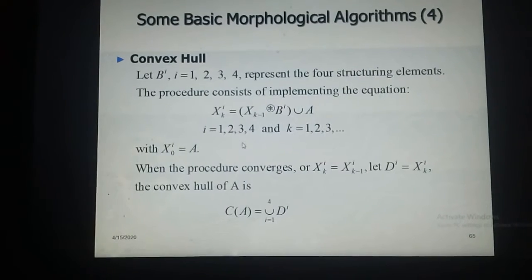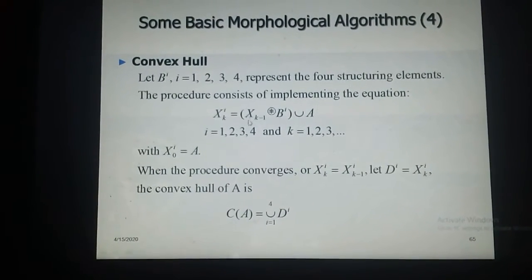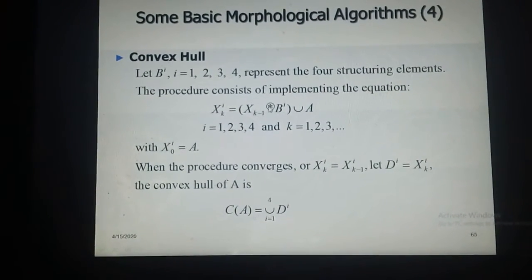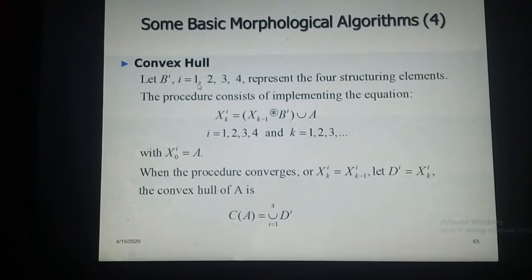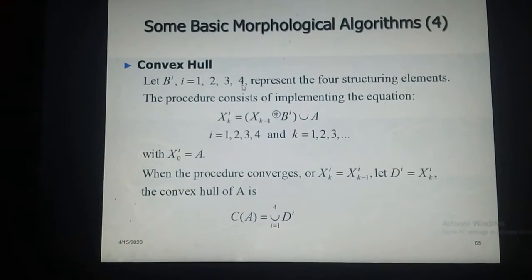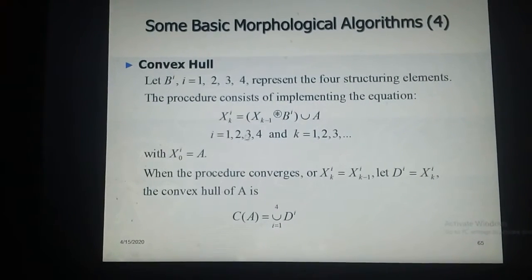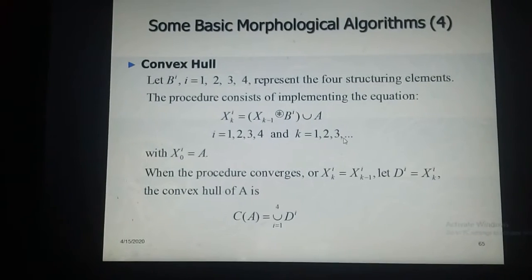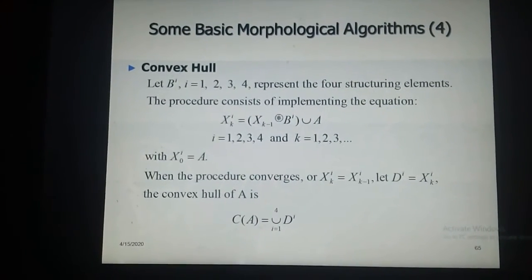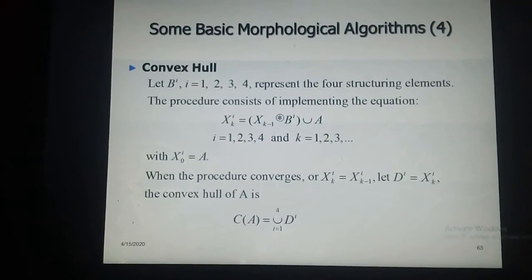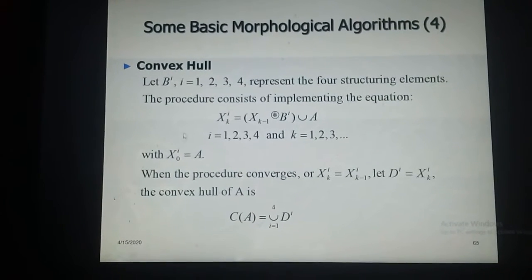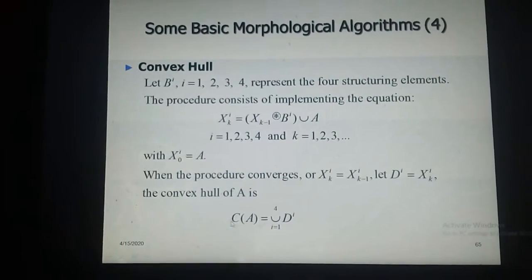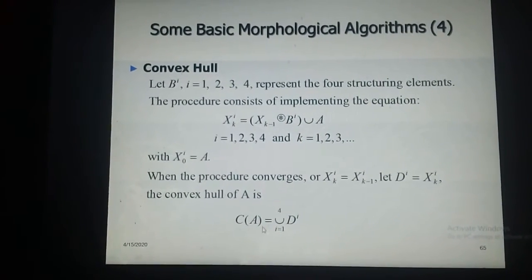Like this we do the template matching for different structuring elements. Here i indicates the different structuring elements and k indicates the different iterations. Let us understand from the example. And finally what we do here is we add up all of these to find the convex hull of, let us say, a set A.